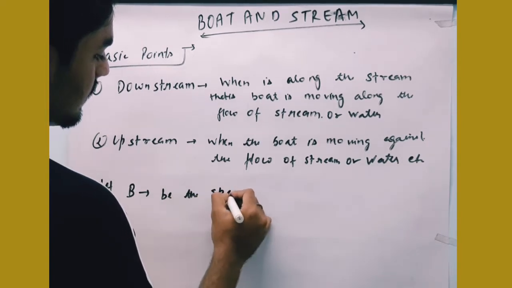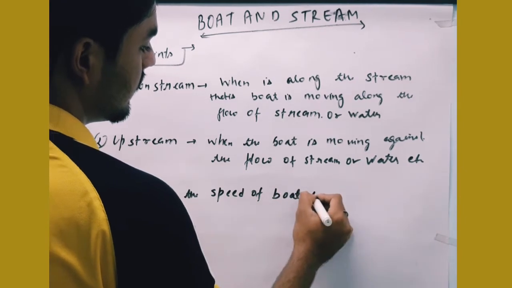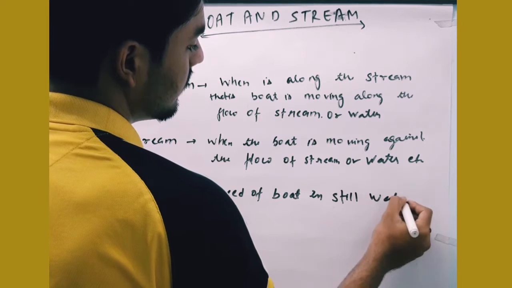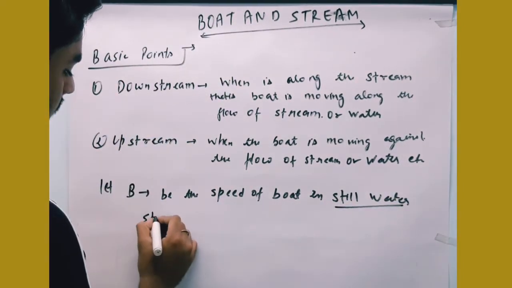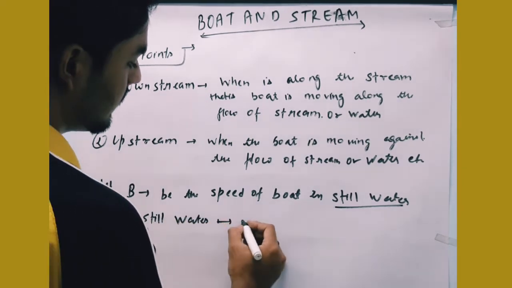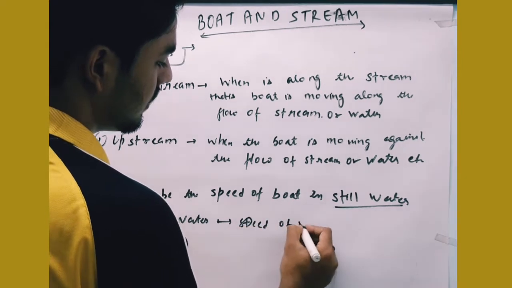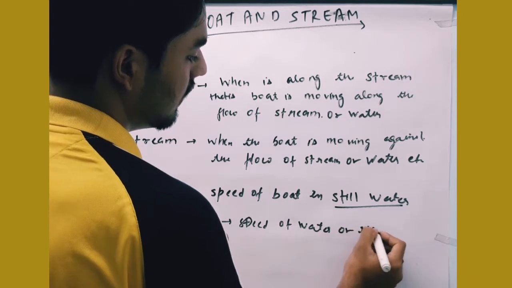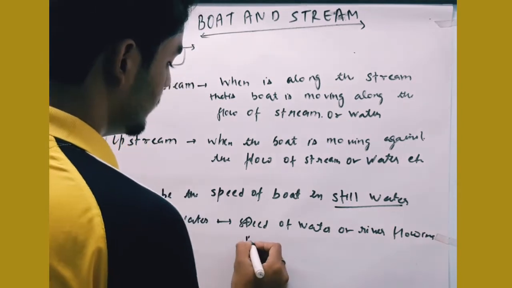Firstly, let B be the speed of boat in still water. And what is meant by still water is that the speed of water or river flowing is 0.